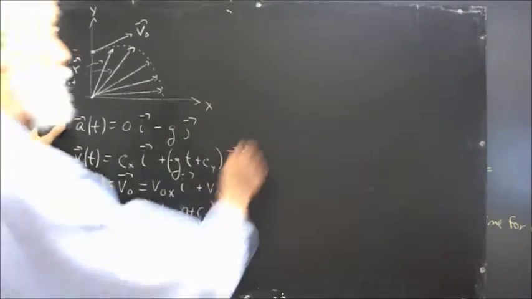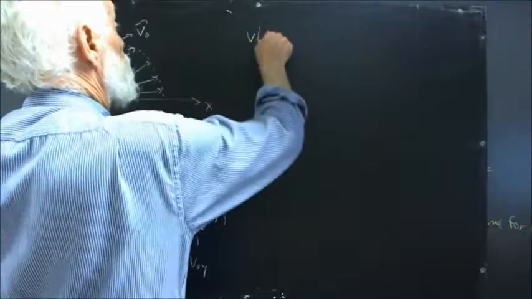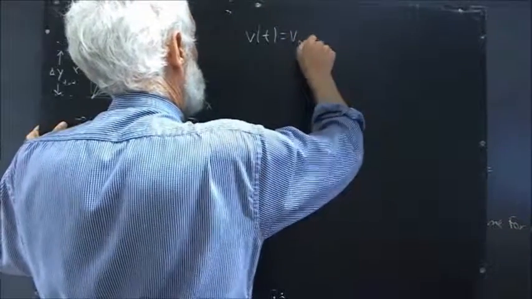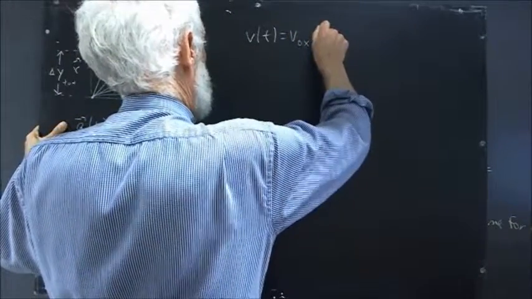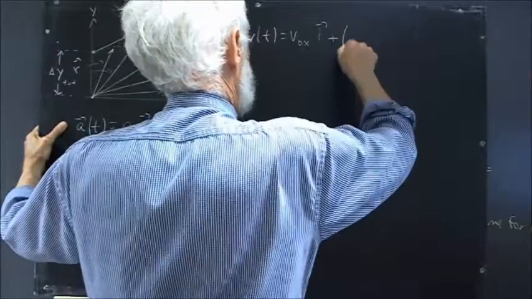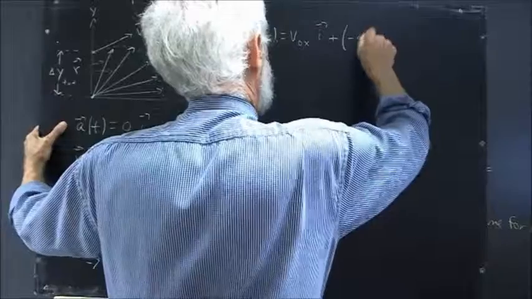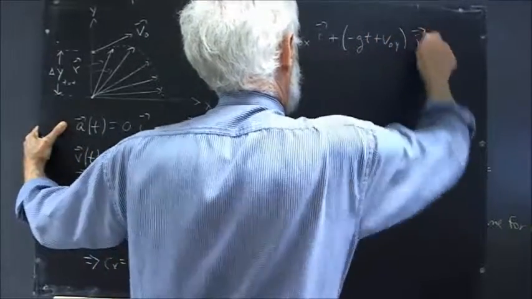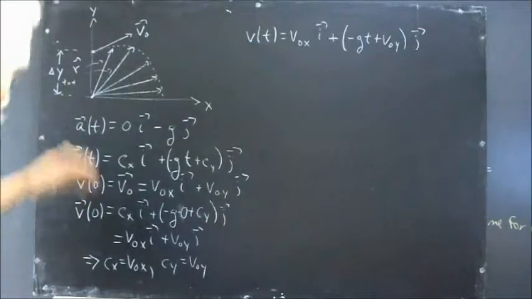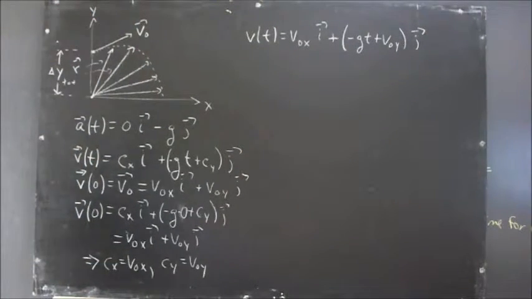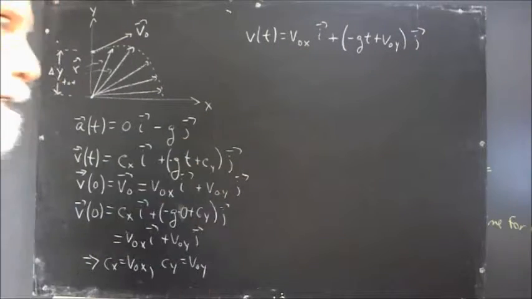So now we know that our v of t function is v0x times i plus negative gt plus v0y times j. So our integration with our initial condition that we have initial velocity v0 gives us our velocity function.